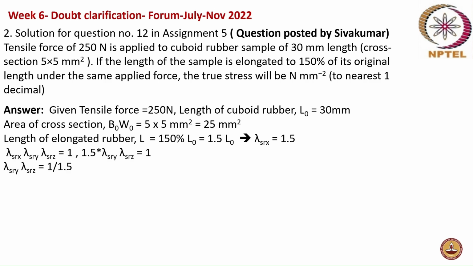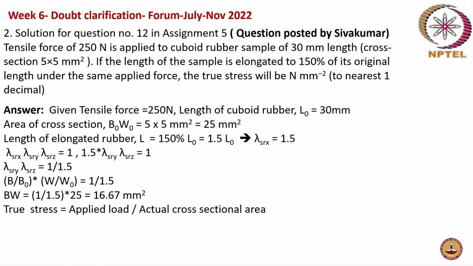So your cross sectional area will be 1 by 1.5, correct? Because again you are using incompressible rubber. So your new cross section will be 1 by 1.5 times the original cross section, that you will end up with 16.67 millimeter square. So true stress is applied load by actual cross sectional area.